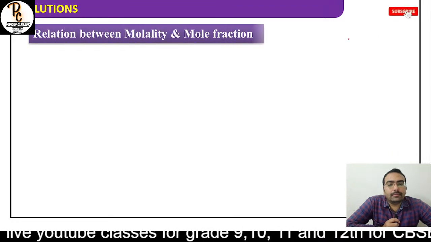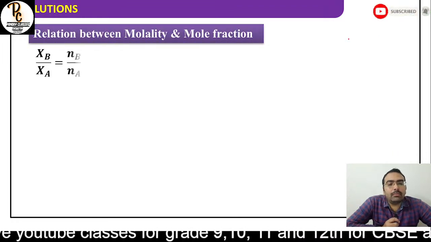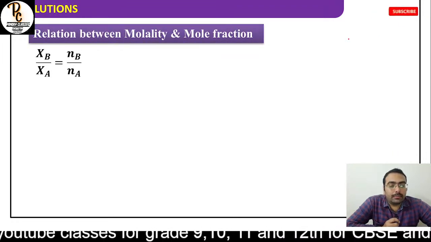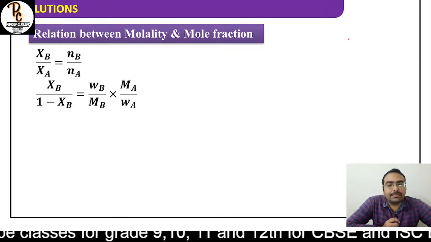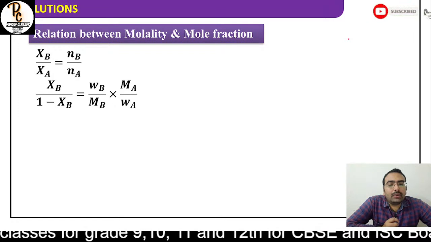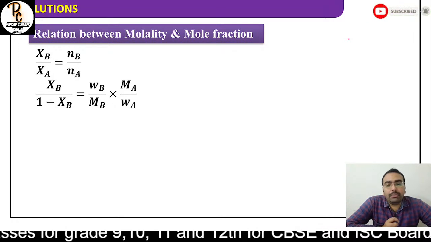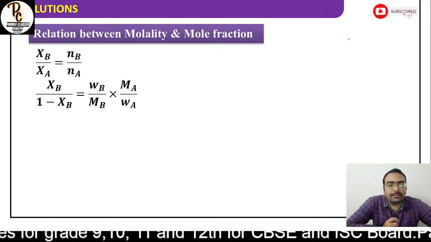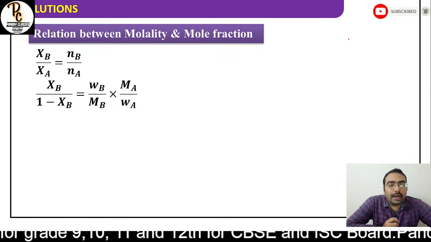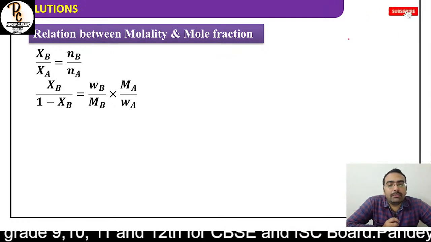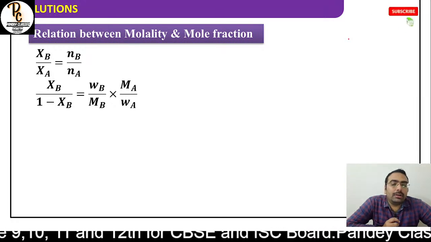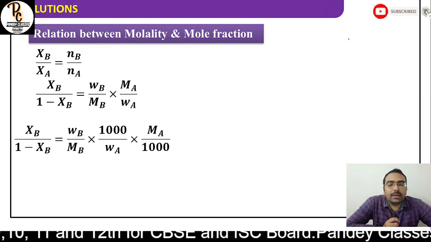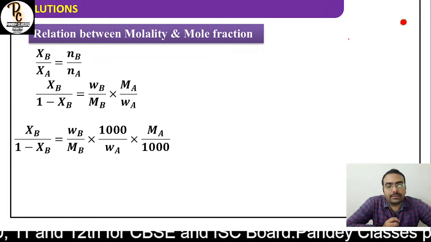Relation between molality and mole fraction. This is something that's very important, and also it's there in NCERT. So chi b upon chi a equals Nb upon Na. This we can say. Or chi a can be written as 1 minus chi b, Wb upon Mb into Ma upon Wa, or the same can be written like this.